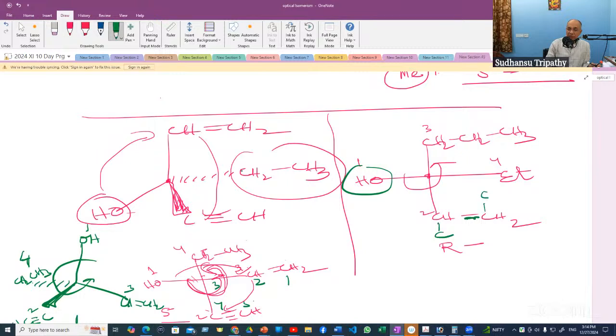This is also bonded to 2 carbons. So this carbon has one carbon and two hydrogens, but this carbon has two carbons and one hydrogen. So vinyl is senior to propyl. So number 2 is this, number 3 is propyl, and then ethyl is number 4.